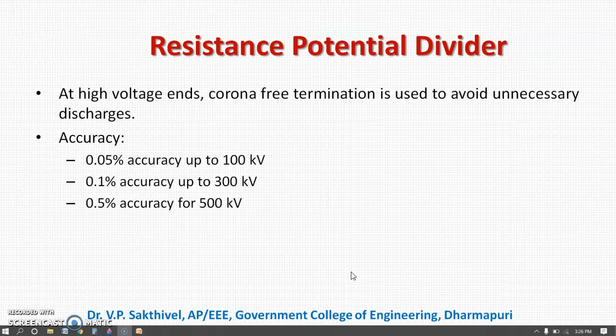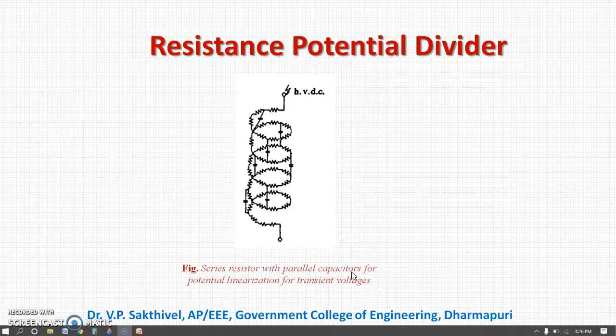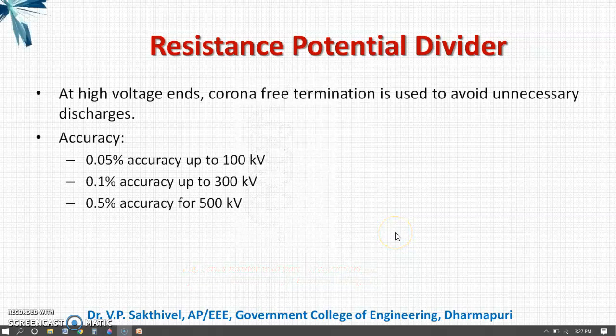The resistances are connected in series, and in between them we connect the capacitor to provide corona free terminals. At high voltage ends, corona free terminals are used to avoid unnecessary discharges.